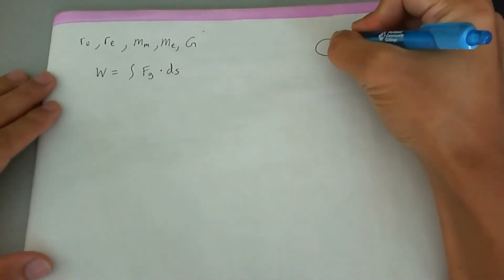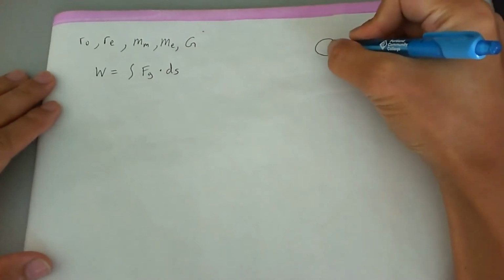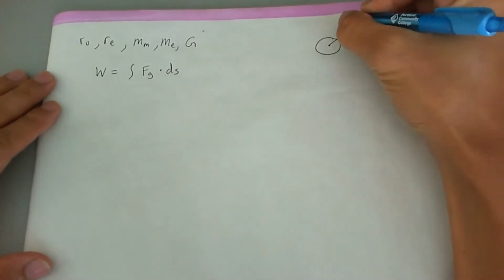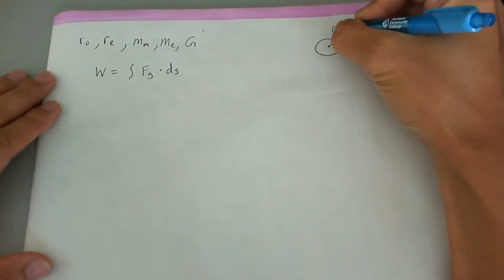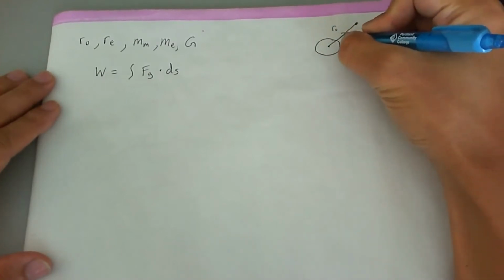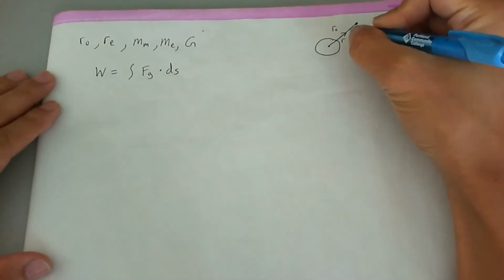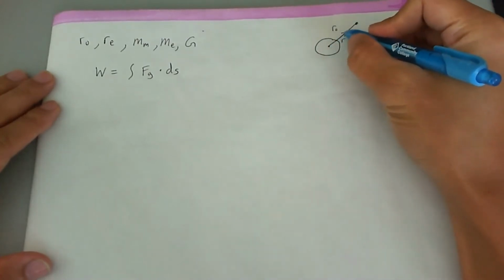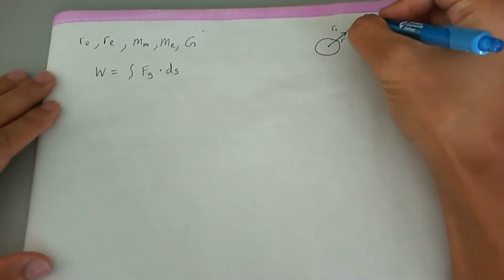So let's go ahead and define some terms here. Here's the center of the Earth. Here's where the meteor is. We'll call this R naught. And the placement of the meteor in some term R is given by the center of the Earth to where the meteor is at this point.